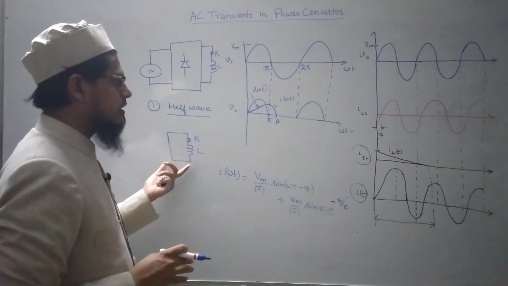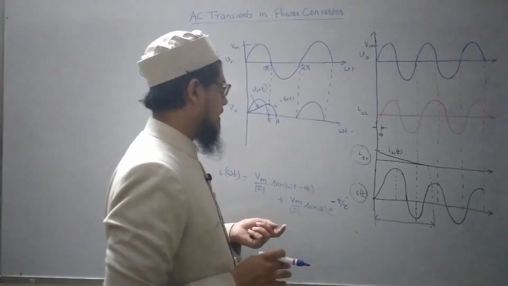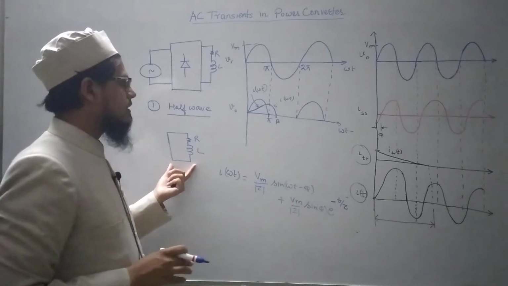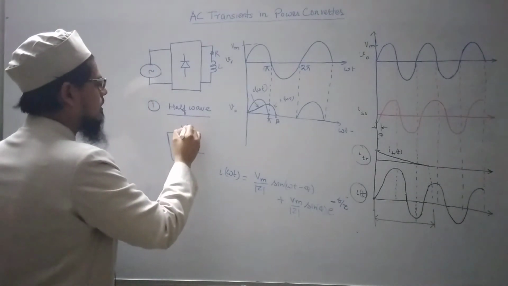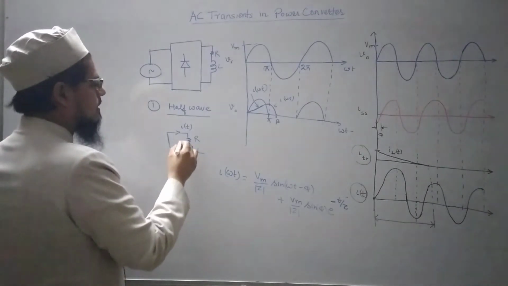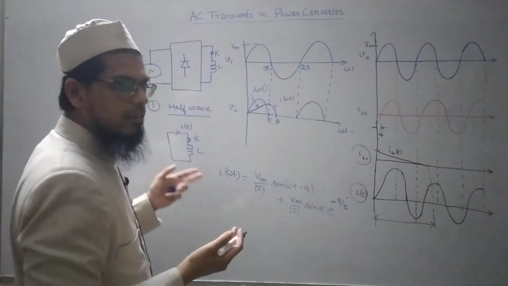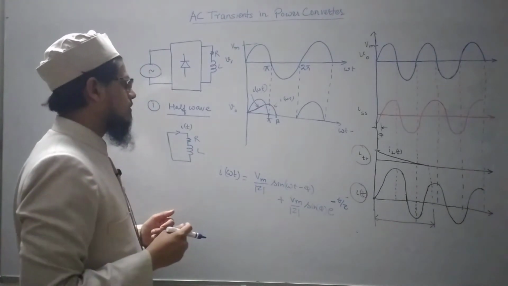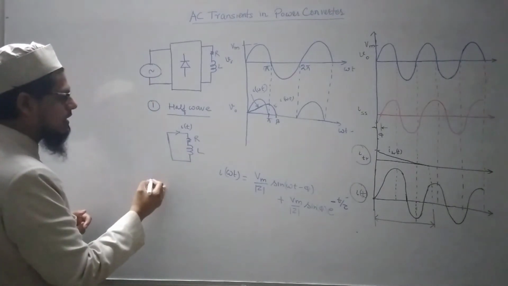Basically you could see here that current is i t, and this is an RL circuit without any source. So we can obtain the expression for current here.